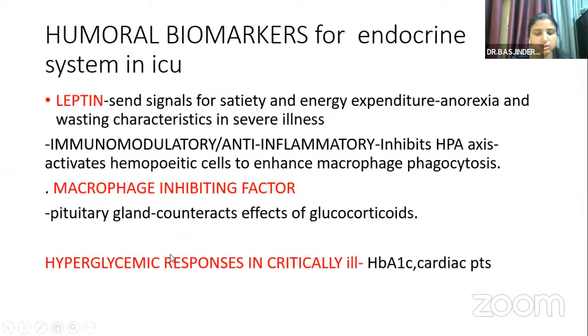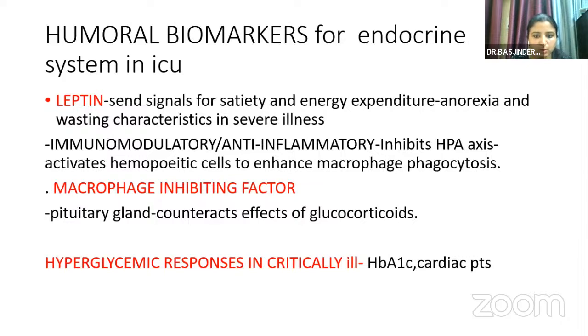So we have learned the main axes: hypothalamus-pituitary-adrenal, hypothalamus-pituitary-thyroid, hypothalamus-pituitary-gonadal, and the fourth is glycemic control in the ICU. For glycemic control, we all know that wide fluctuations are not acceptable in critically ill patients.